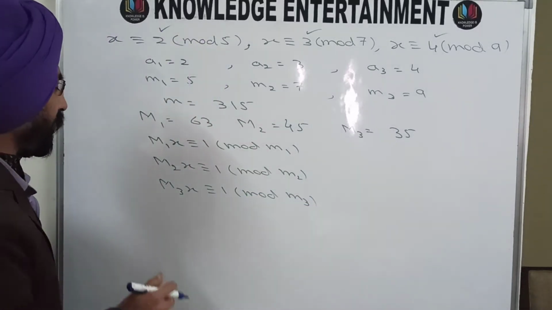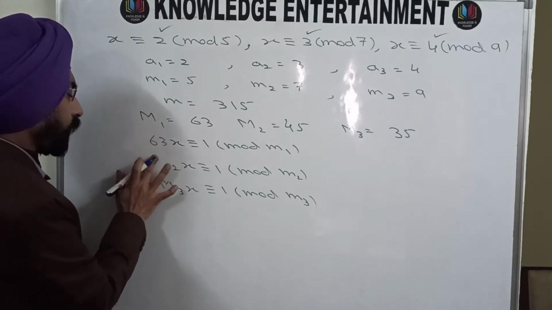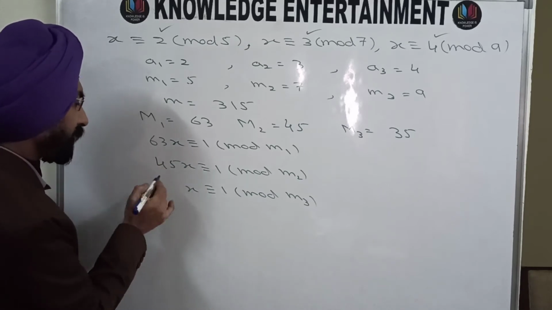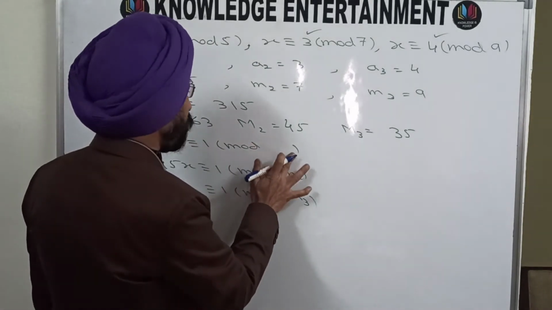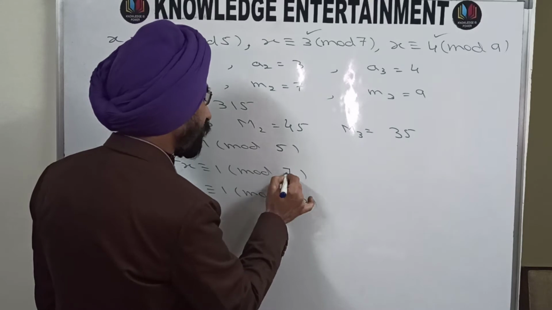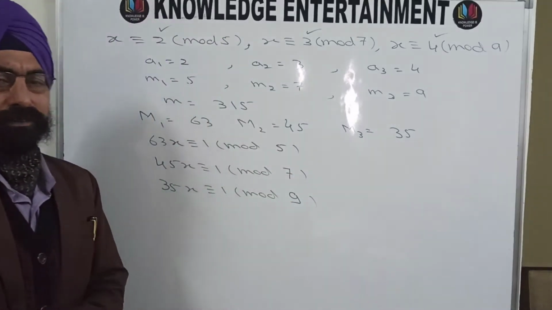So substitute the values. Your M1 is 63, your M2 is 45, and your M3 is 35. Here your m1 is 5, your m2 is 7, and m3 is 9.